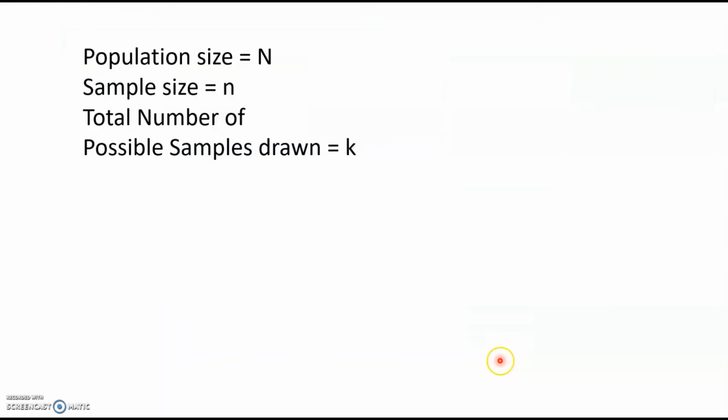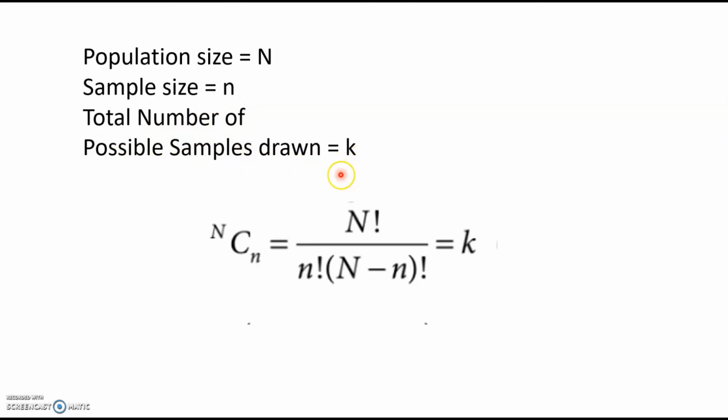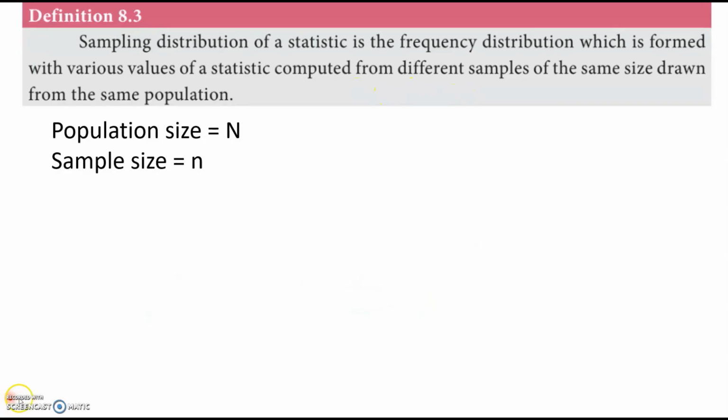Okay, so if you have a population size of N and sample size of small n, then the total number of possible samples that you can draw, if we call it K, can be defined as NCn, which is the combination formula: N factorial divided by n factorial into (N minus n) factorial.